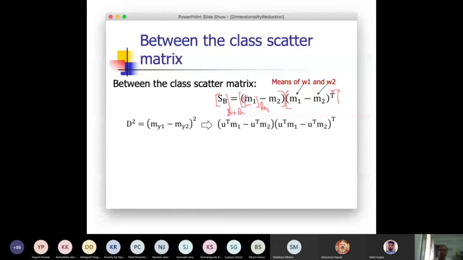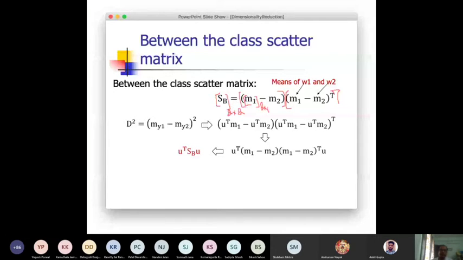Okay. Now, again, the same similar trick. We can separate out U transpose and U, and we can express the in-between matrix multiplications in this form, M1 minus M2 into M1 minus M2 transpose, which is nothing but U transpose SB U. You can see almost similar form. One was the within-class scatter matrix, that is the sum of scatters.